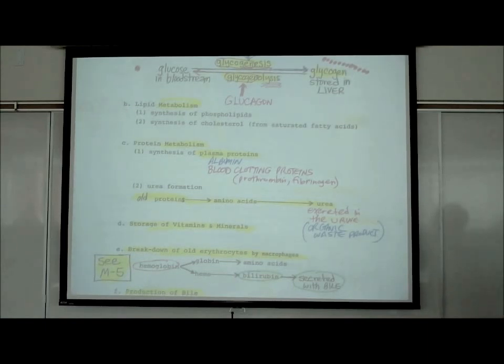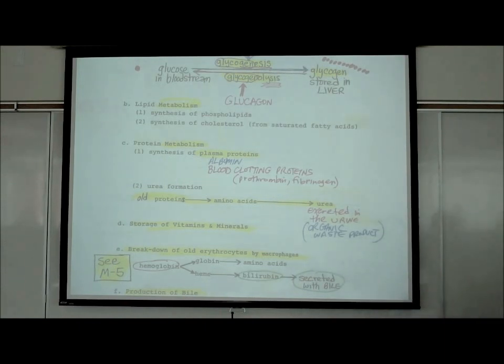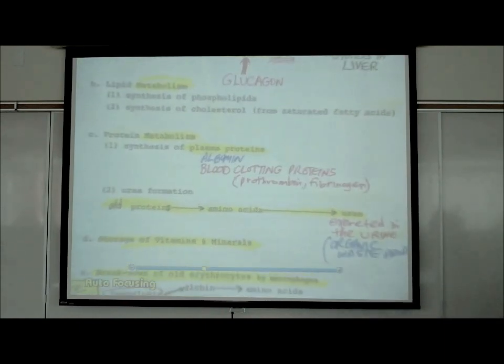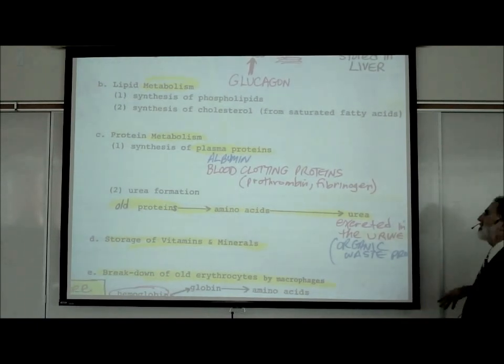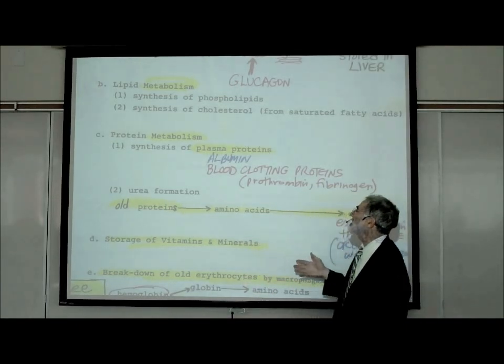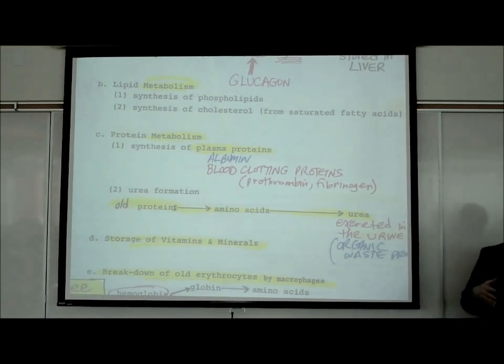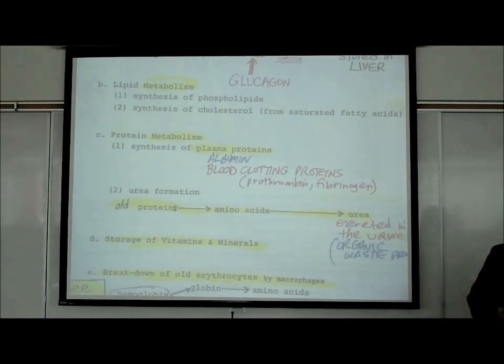Letter C, another thing that our liver does is protein metabolism. Again, metabolism just means biochemical reactions. Our liver is involved in the manufacture of proteins and also in the breakdown of proteins. Among the proteins that our liver makes are albumin and blood clotting proteins. We've certainly heard of blood clotting factors.